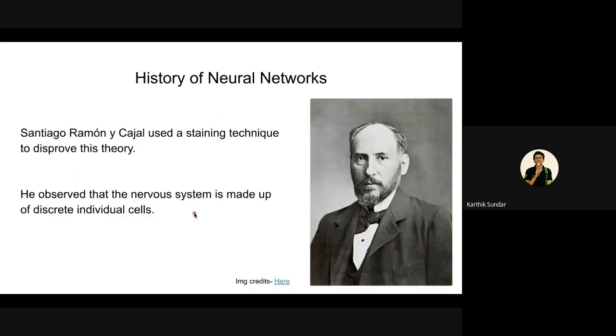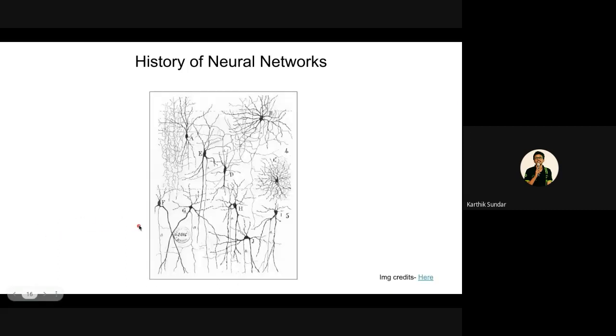But later, Cajal, another famous biologist, observed that the nervous system is made of discrete individual cells. In his paper, what he actually showed is, let's say A is a discrete cell, E is a discrete cell, D is a discrete network, a cellular network, and B is a discrete network.